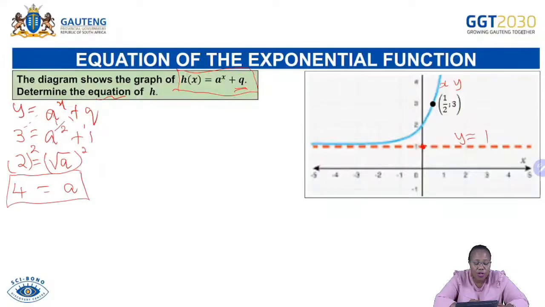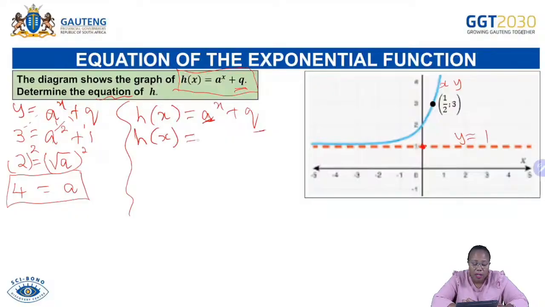We need an equation, not the value of a. So we are going h at x is equal to a to the power x plus q. We are going to substitute a and q and leave x and h at x. So h at x, and then a is 4 to the power x, and the q is 1.